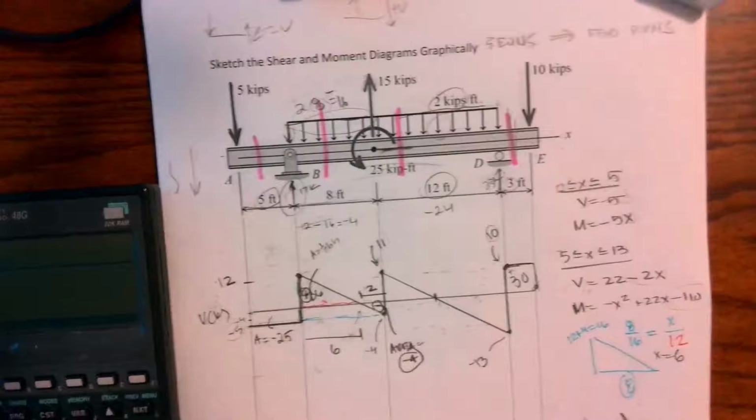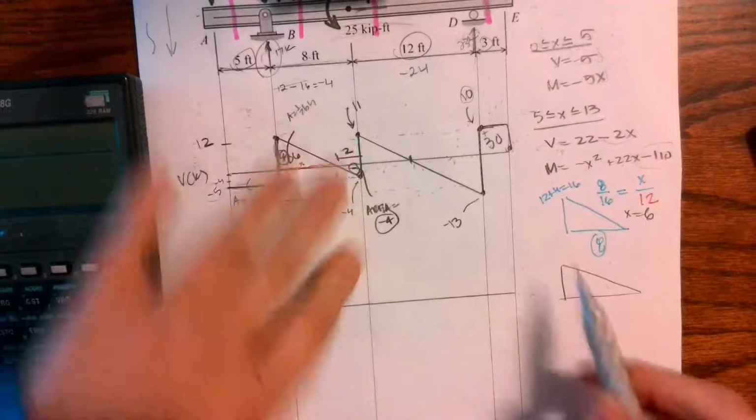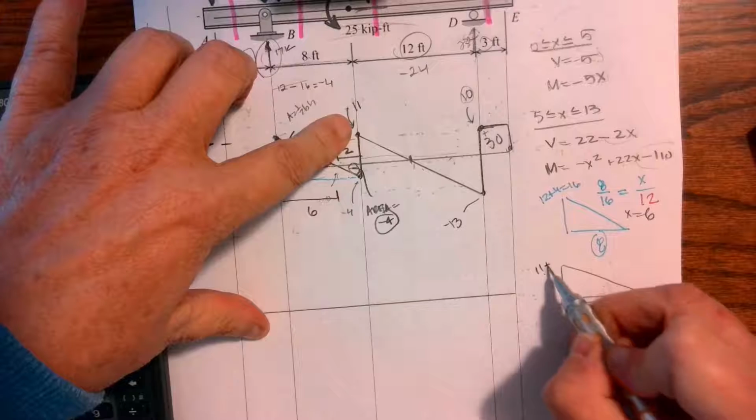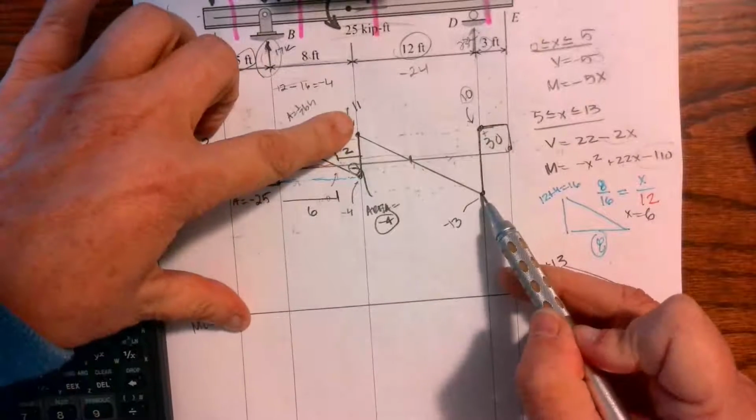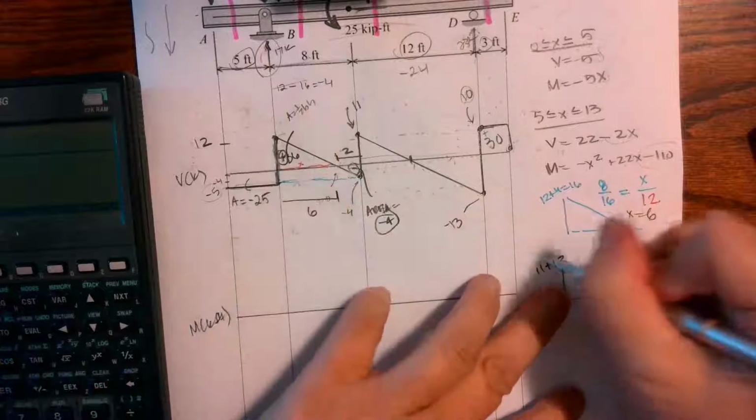Okay, now I've got to do the same thing here. So I've got a big triangle. Let's see if you can kind of see this big triangle. My whole base is 12, and I'm going from 11 down to -13. So it's really 11 plus 13, so that's 24.